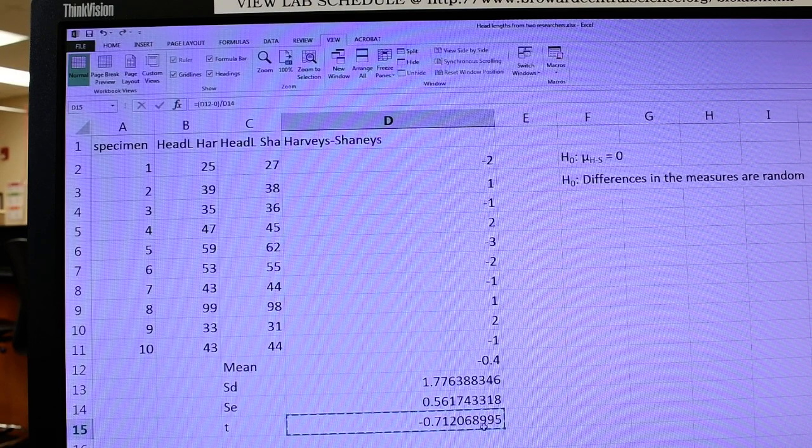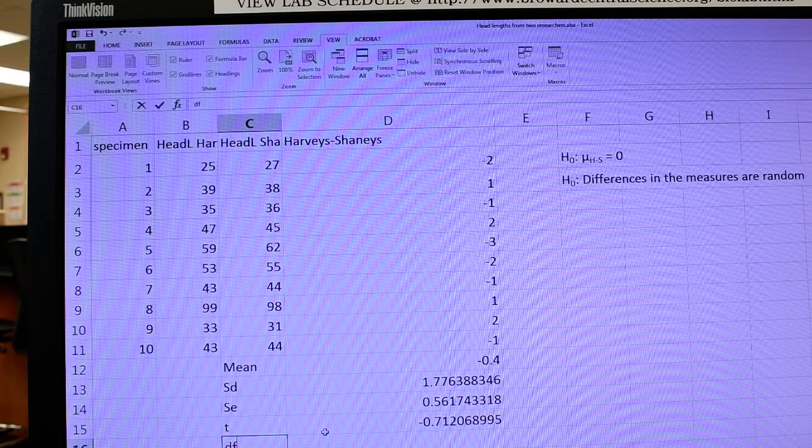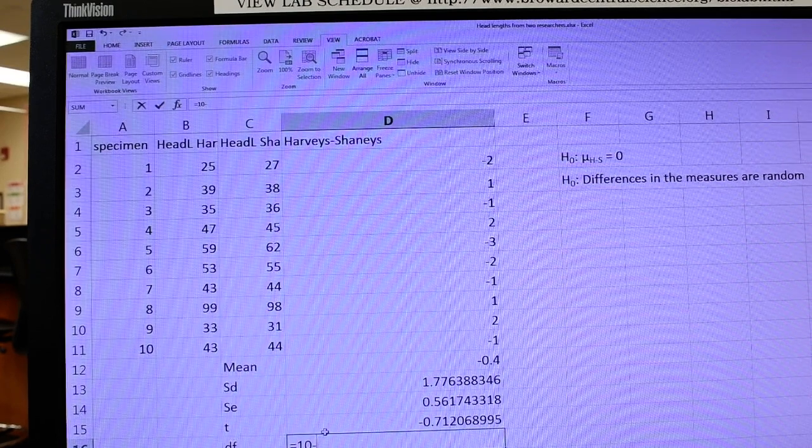So that gives us 9 because we only calculated 1 standard deviation. So that means that the degrees of freedom is in this case equal to n, which is 10, the 10 data points, minus 1 because we only calculated 1 standard deviation. All right, and that's equal to 9.